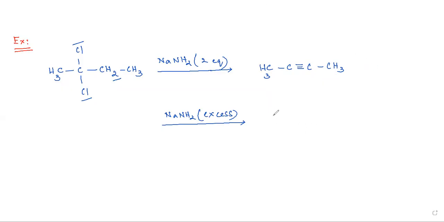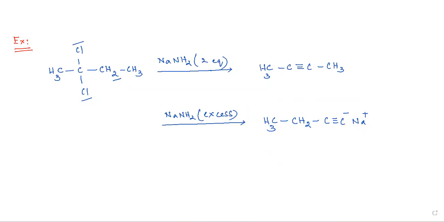That is okay. But if sodium amide is taken in excess, then it will be CH3, CH2, C minus, then Na. This is what we get. In fact, we generally go with this when sodium amide is considered. Okay.